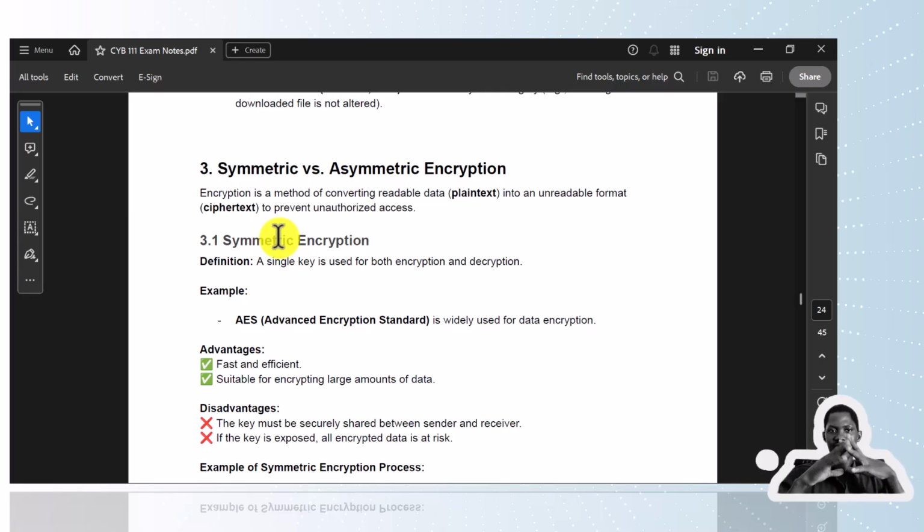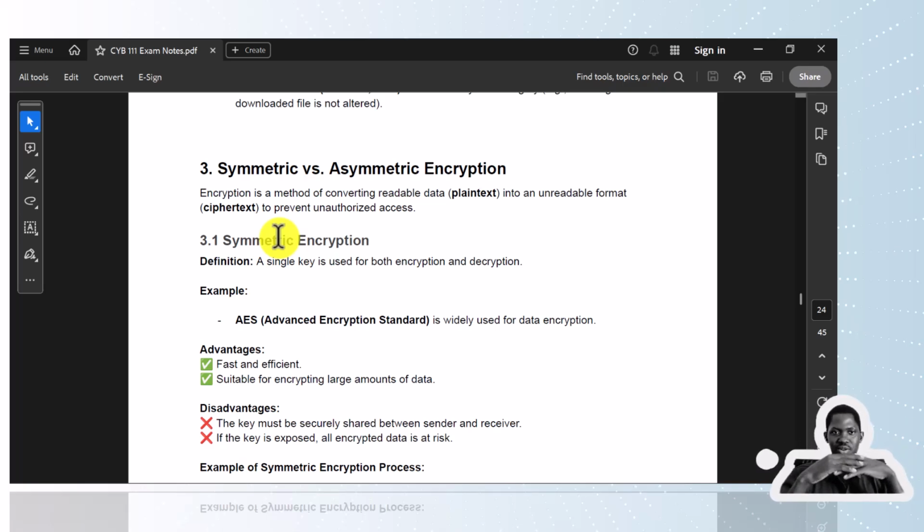Now, symmetric versus asymmetric encryption. Encryption is a method of converting readable data into an unreadable format to prevent unauthorized access. You can remember this from your cryptography, right?